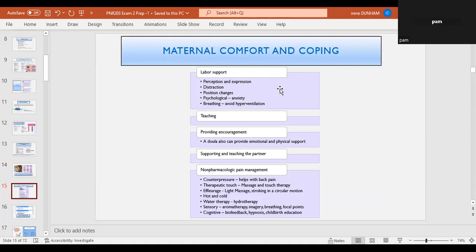So if my patient tells me that at 2 centimeters or even 1 centimeter she's in pain, she's in pain. I respect that. But knowing that basically she's in the latent phase of the first stage of labor, what am I going to do? I'm going to help her get through by doing those non-pharmacological means of pain relief.